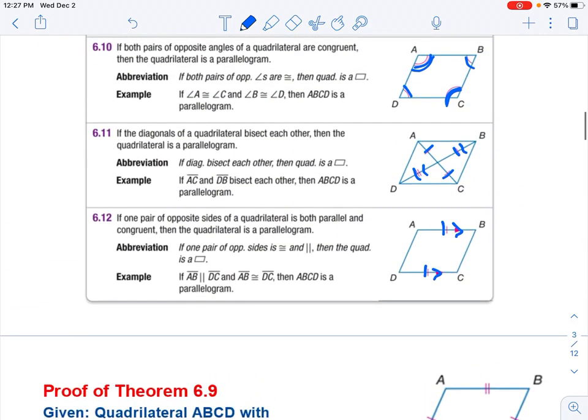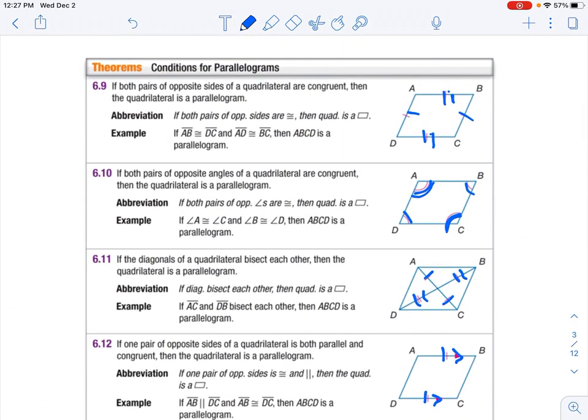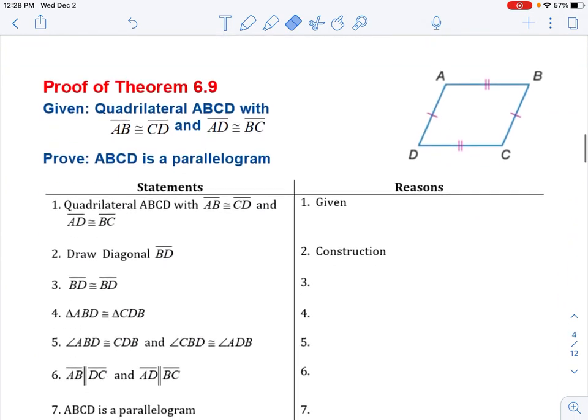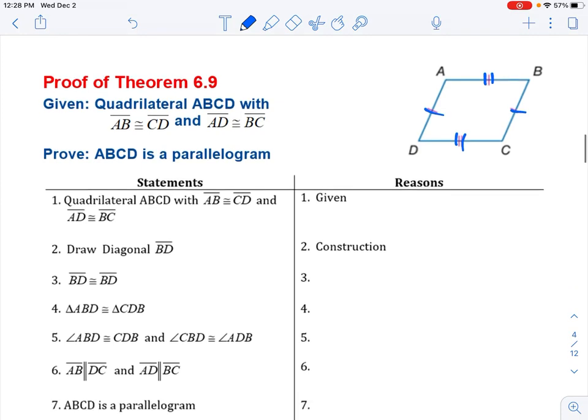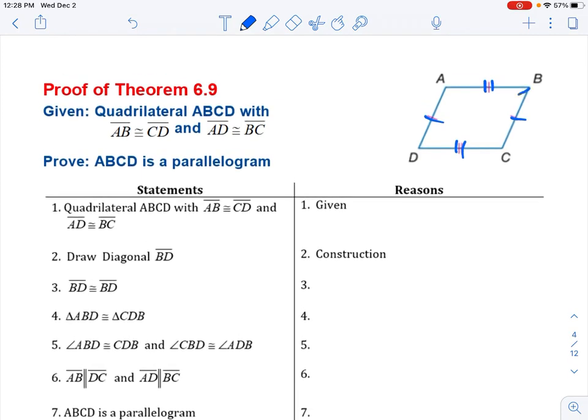So we are going to prove specifically 6.9, where the congruences make it a parallelogram. So we have a quadrilateral, a four-sided shape, ABCD, with opposite sides congruent. That is given to us. And then our statement's already given to us, and so is the next reason. We are going to construct a segment BD.